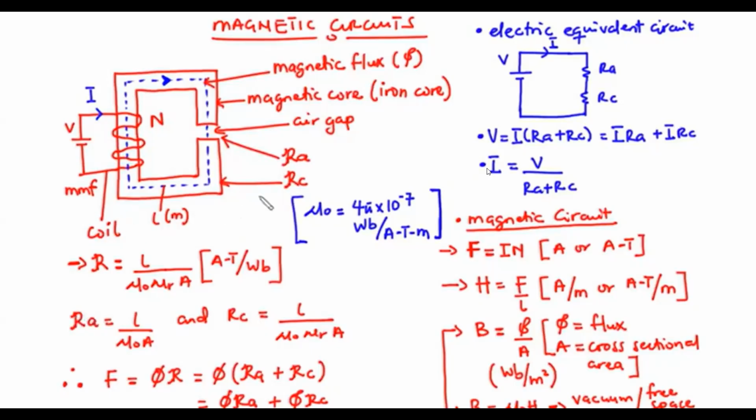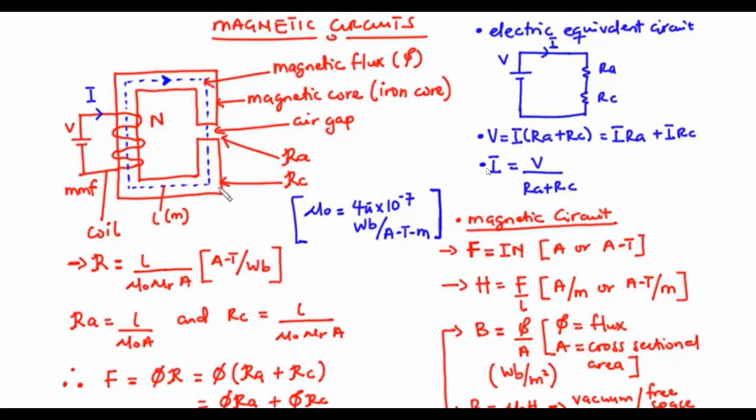Now the iron in this case has a high magnetic permeability, which means that it has a high ability to set up magnetic flux within itself, and hence has a very low reluctance as compared to the air gap, which has a high reluctance and a low magnetic permeability.